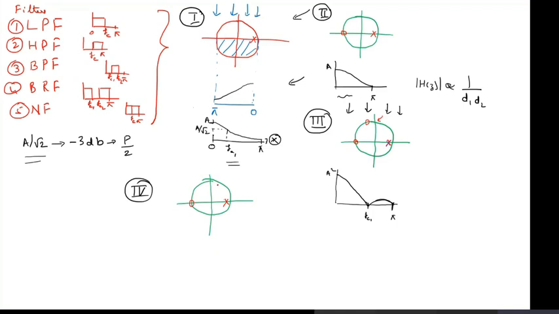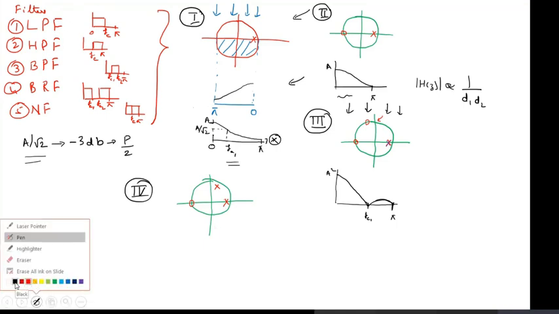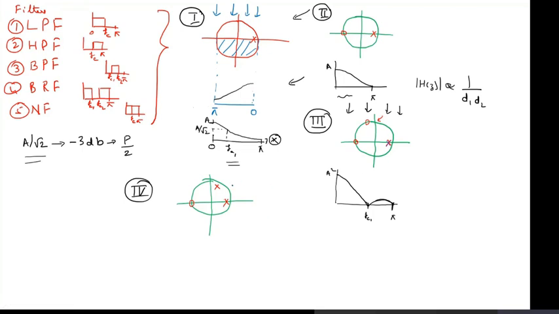We have placed one pole over here also. So the blue color is for the fourth one. Suppose I place the 0 at the same location as that of 3 over here.